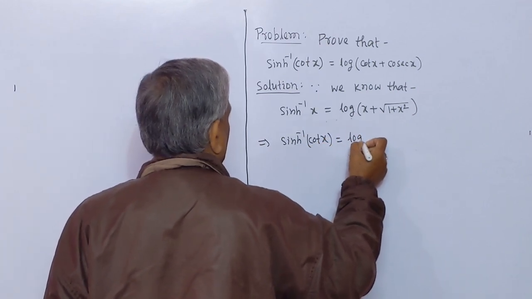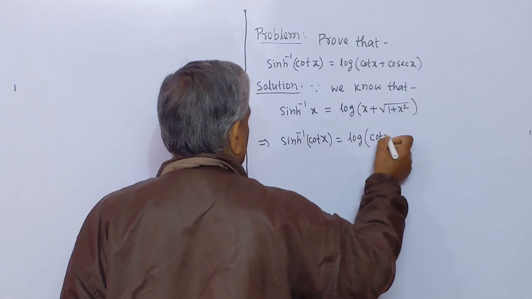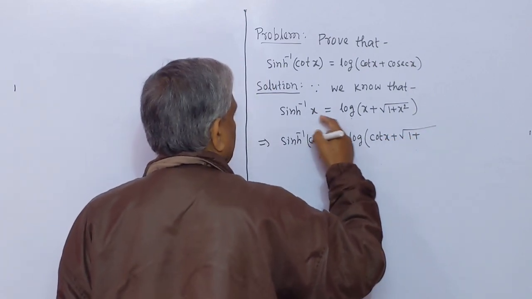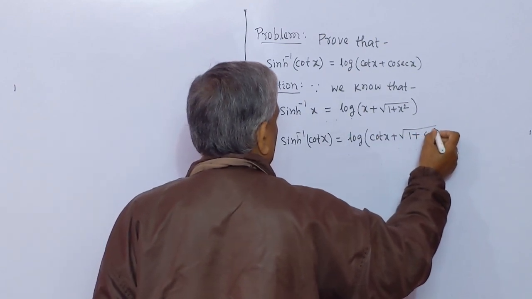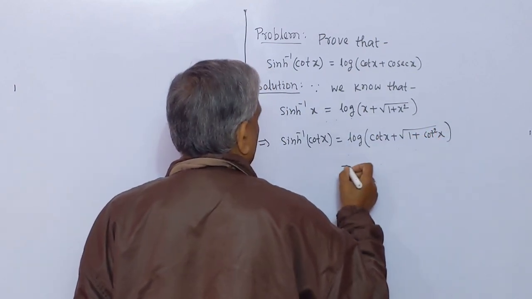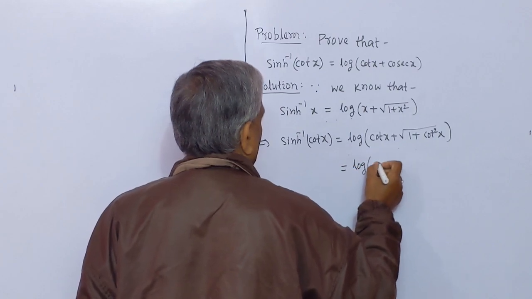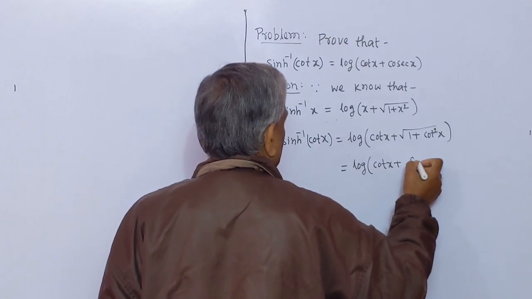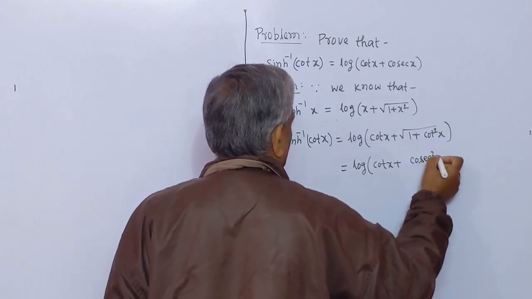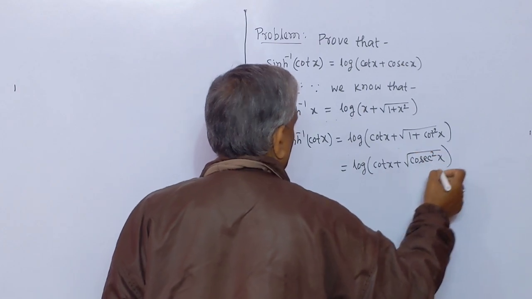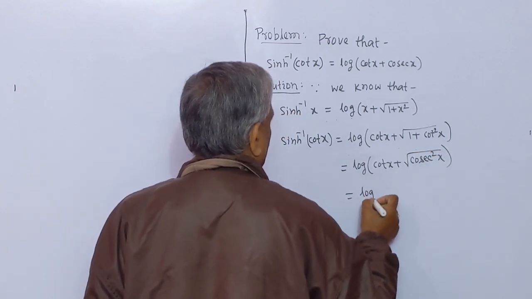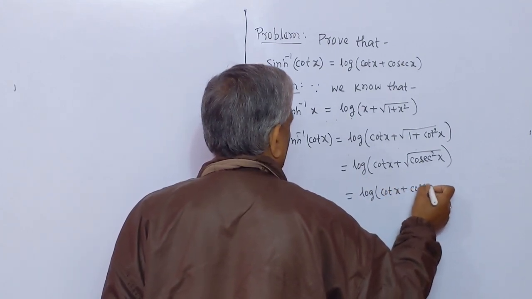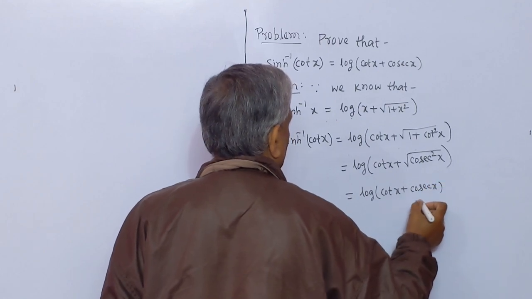This is log of cot x plus square root of 1 plus, in place of x, cot x, cot square x. This is equal to log of cot x plus, 1 plus cot square x is cosec square x. This is equal to log of cot x plus cosec x. Proved.